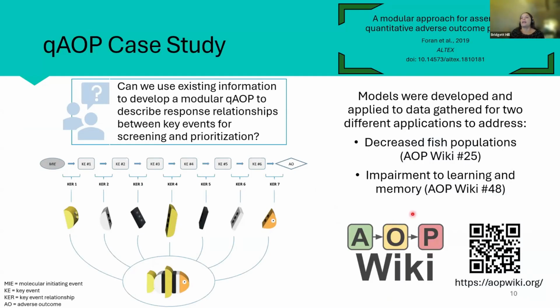And so they take this approach where they establish these sort of puzzle pieces for each of the key event relationships along the AOP, ultimately to build a complete puzzle to be able to predict across the framework and ultimately to the adverse outcome. So the models, they had a general modeling approach and then they applied it to two use cases. One is related to more environmental health, such as decreased fish populations, and the other is related to more human health, so impairments to learning and memory.